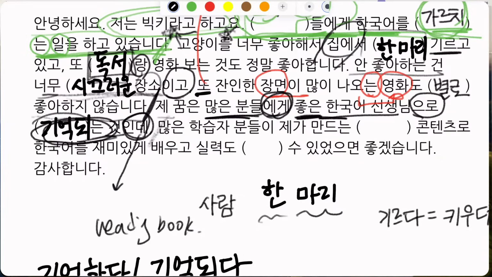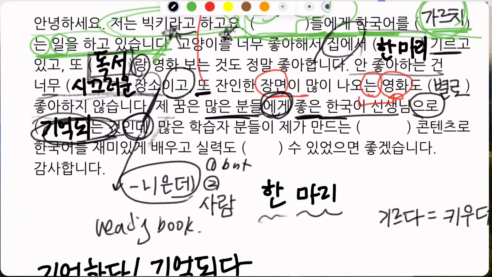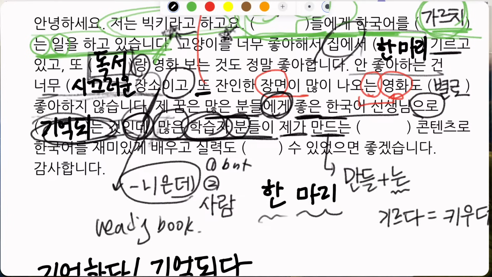그것인데, so this 인데 is this conjunction, which first means but it's also a conjunction that indicates that there's more to say. So 은는데 can be but sometimes it's not but, it's just that you have more to say. So 것인데 많은 학습자분들이 a lot of learners 제가 만들다 means to make plus 는 suffix that makes the verb into a modifier.